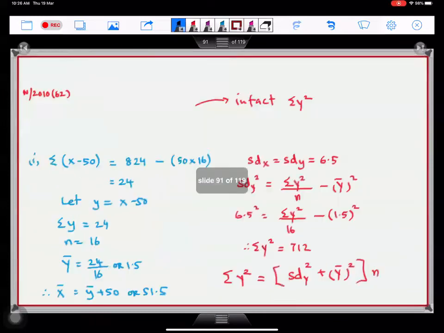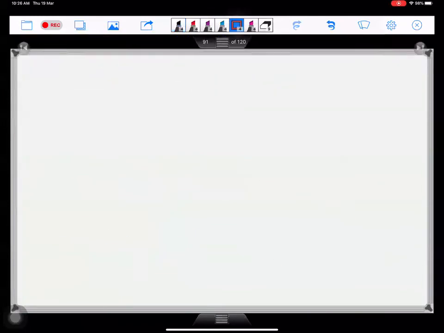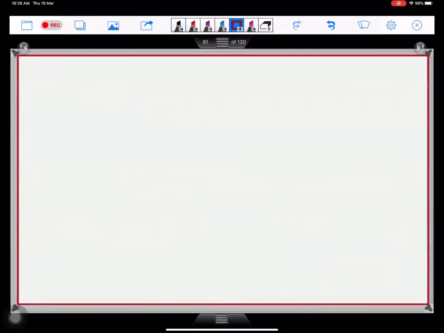Now, what is the next thing that they're asking? This time I'll do it using one method only, because people find the second method a bit tricky. So now let me do something extra. In fact, this is not extra, this is the useful extra. Now, what I know is that standard deviation of x is 6.5.